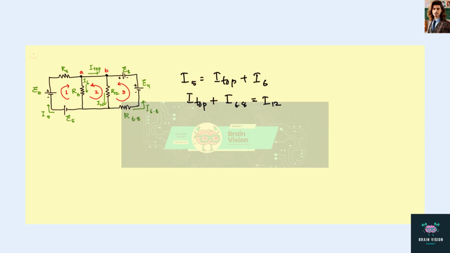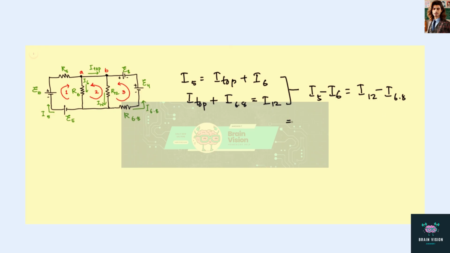So from here, we can solve for I top, because I top is common in both of these equations. Doing that, we get I5 minus I6, which is I top, equal to I12 minus I6.8.